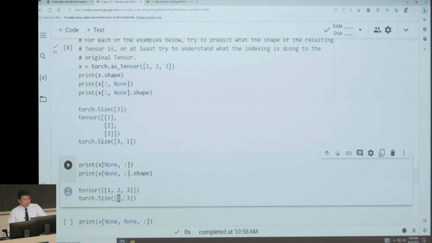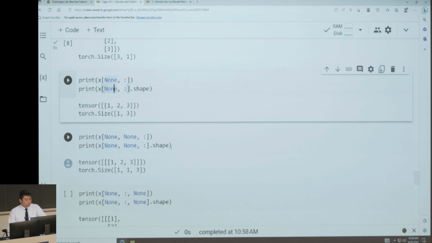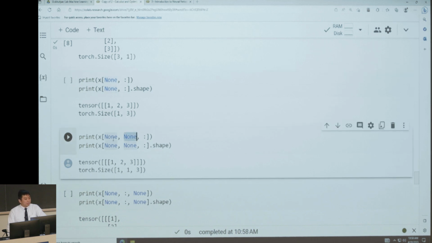So you see the shape is 1 by 3, because the 1 corresponds to where the none is in both of these cases. And you can imagine doing this more and more. You can add multiple nones, and it just appends extra dimensions here.